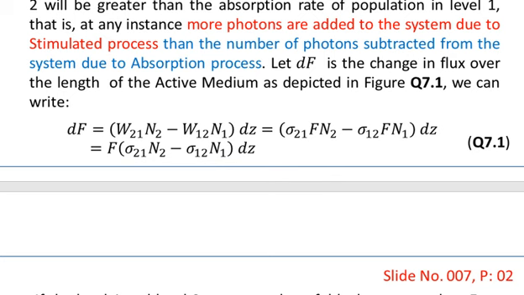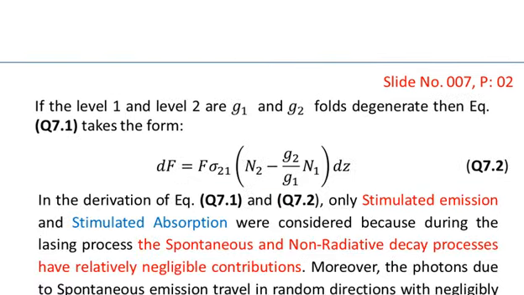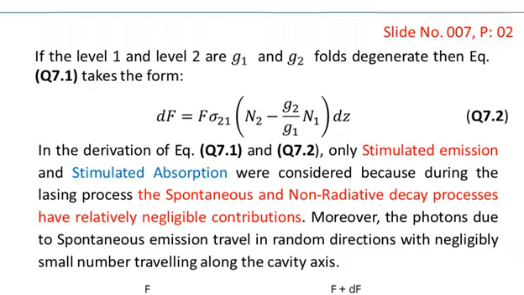Making this substitution and taking the common terms outside the parenthesis, we can write equation 7.2 when the degeneracies are present. Then the change in flux can be written as given by equation 7.2.